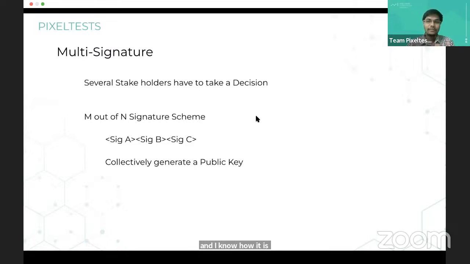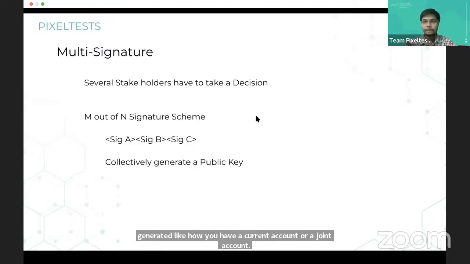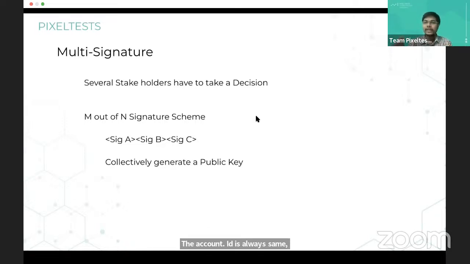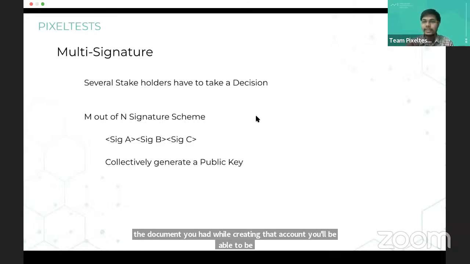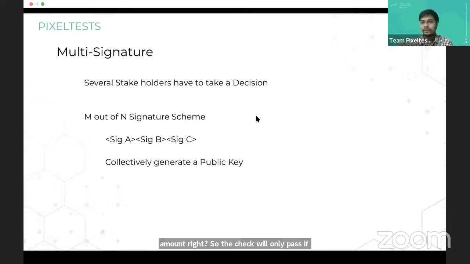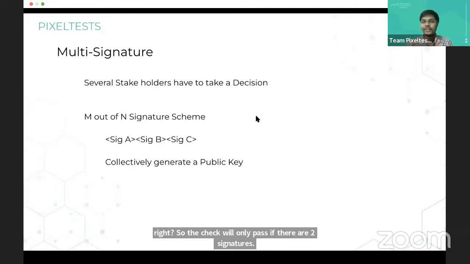Like how you have a joint account, the account number is always the same, but behind the operation, it is coming collectively from all the people, and two or more people, or 3 or more people, based upon whatever agreement you had while creating that account, will be able to withdraw the amount, right? So the check will only pass if there are 2 signatures.